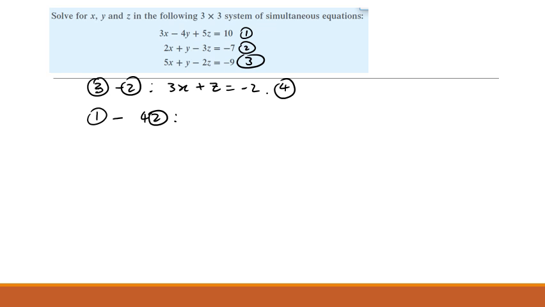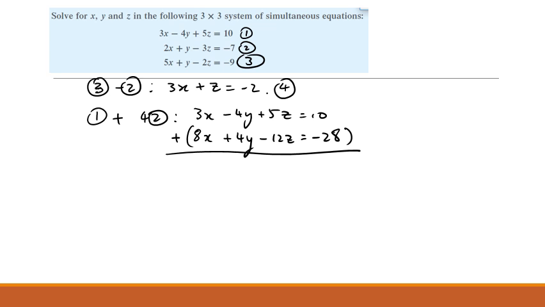So then we have 3x minus 4y plus 5z equals 10. 4 times the second equation gives us 8x plus 4y, whoops, that should be a plus, minus 12z equals -28. And we're adding them. By doing that, the y's cancel and we're left with x's. So we have 11x minus 7z equals -18. We'll call that equation 5.